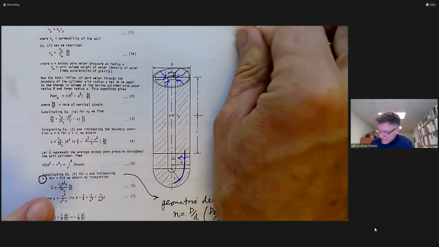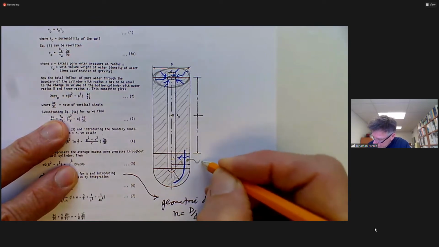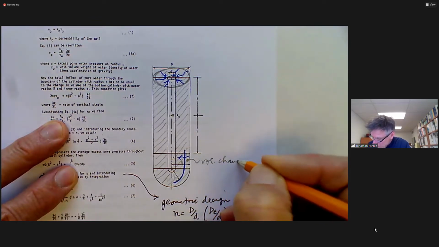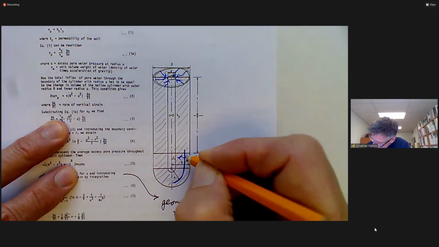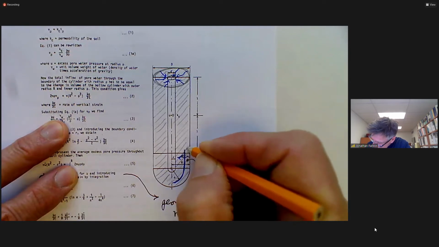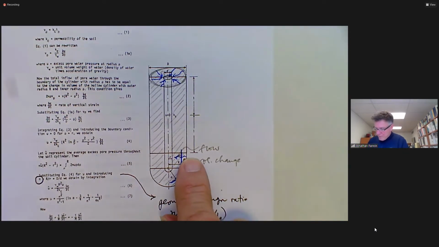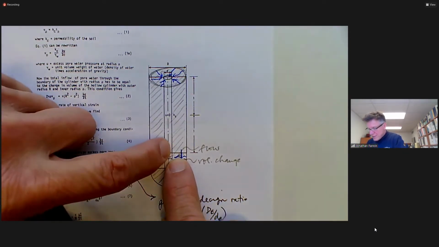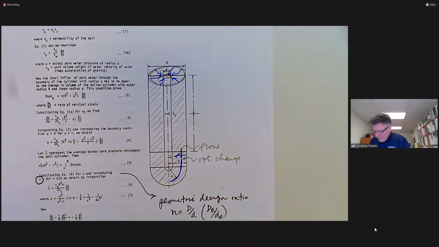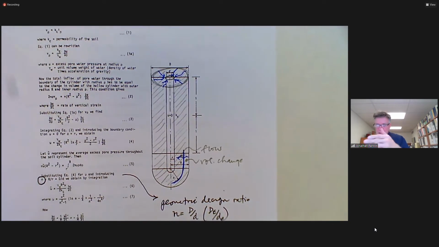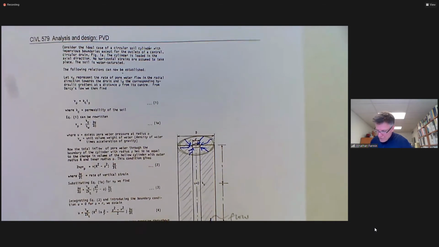The volume change, and that's where our settlement is going to be coming from, the volume change associated with the flow. Okay. Volume change associated with radial drainage into the drain is causing consolidation settlement. And there's a bunch of assumptions, and then it's just connecting the assumptions, okay? So let me box the assumptions for you.